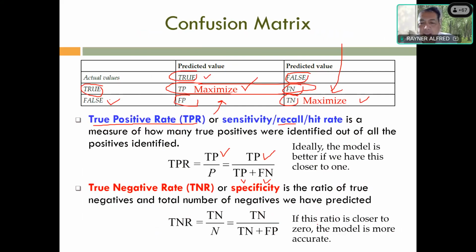This is the true negative rate, which is true negative divided by the total of this. Okay.